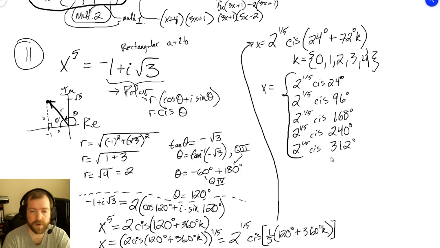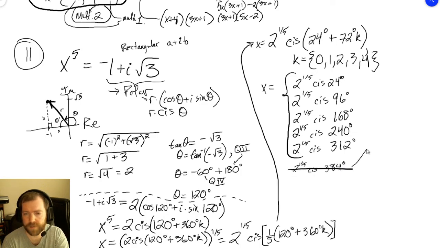Why do we stop there? Well, if we went one further, 312 plus another 72 is going to bring us to 384, which is coterminal; subtract 360, and that gets you back to 24 degrees. So it's exactly the same as if you did 2 to the 1/5 cis of 384 degrees.